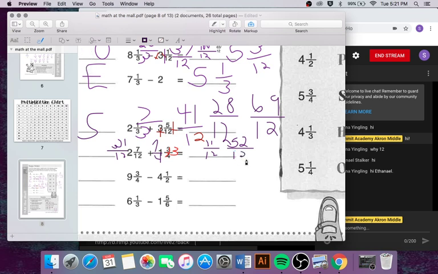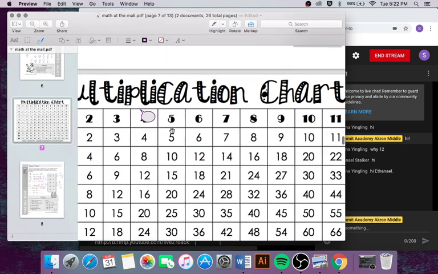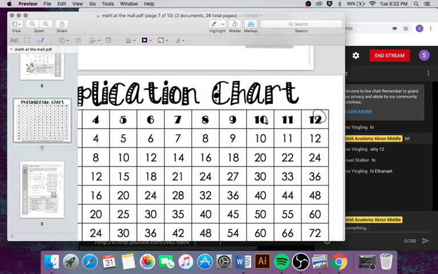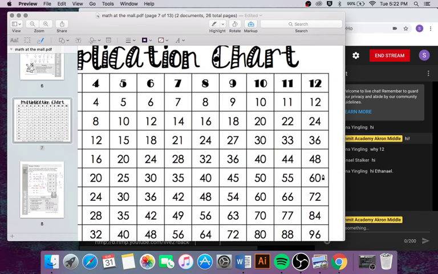Okay. To change this back into a mixed number, we have to figure out how many times 12 goes into 52 without going over. So we go back to our 12 times table, and we see how close we can get to 52 without going over, which is 48.